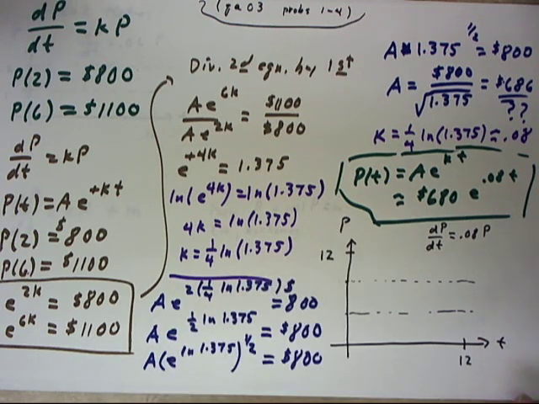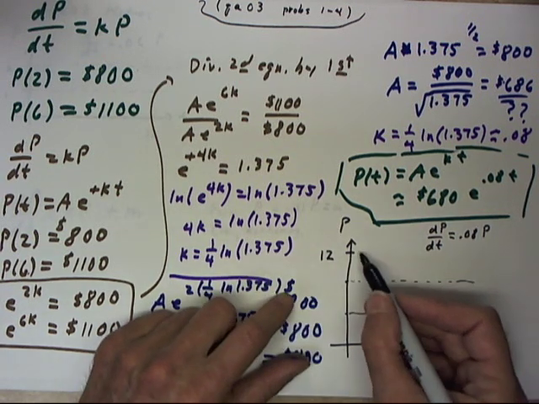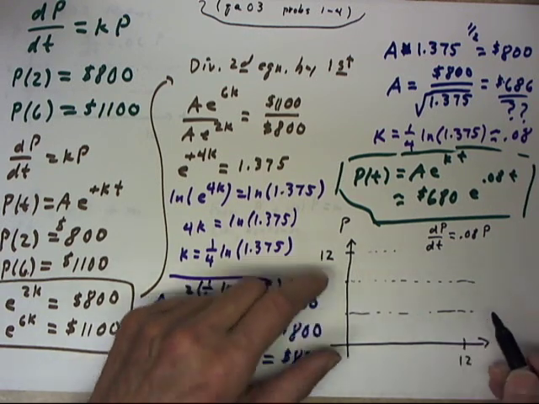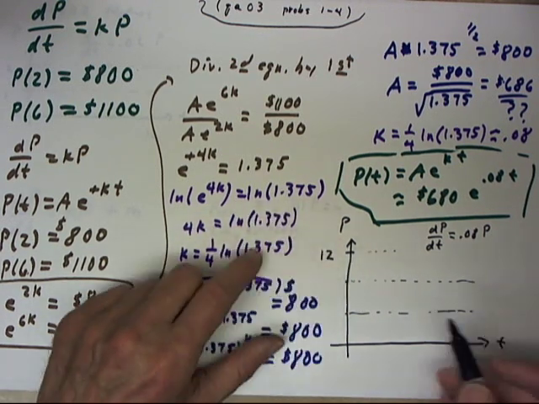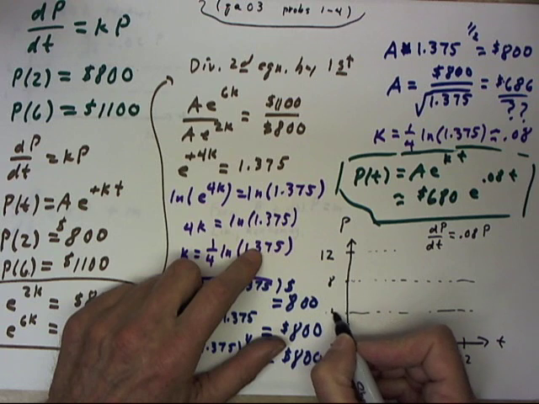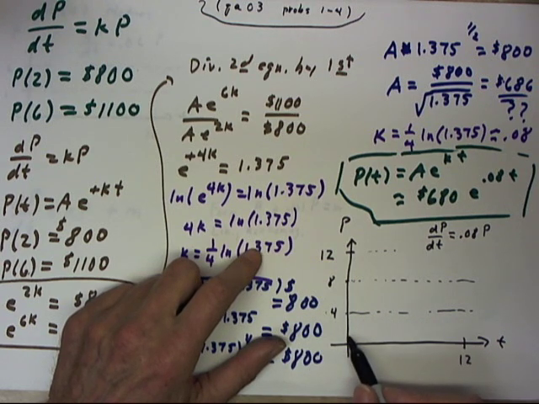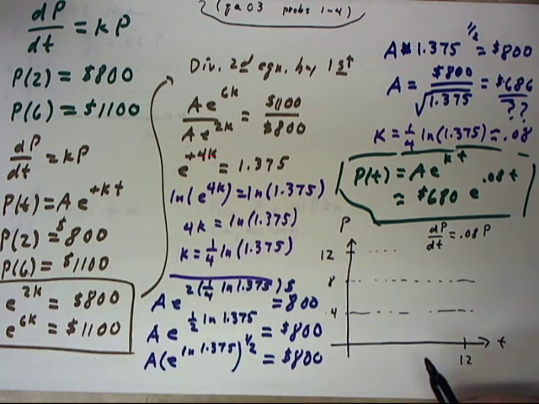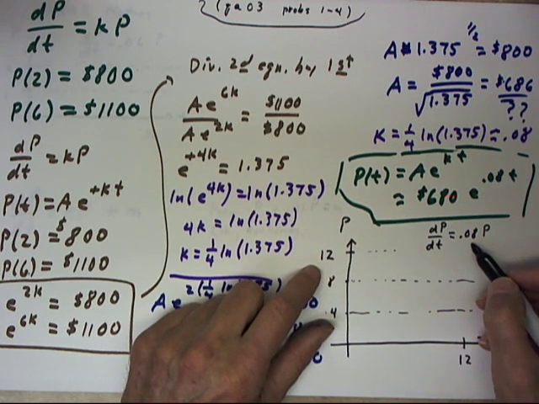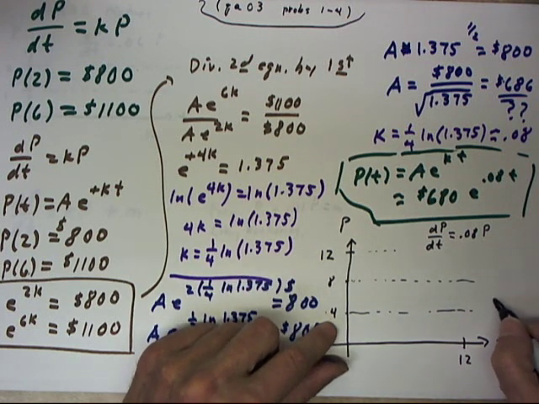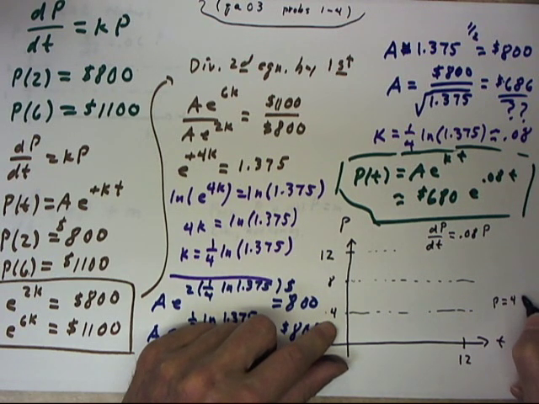We put P versus t, and we divide the P-axis up at 12 and 8 and 4, and 1 will be way down here. If dP/dt is 0.08P, then when P equals 4, this tells us that dP/dt equals 0.32.